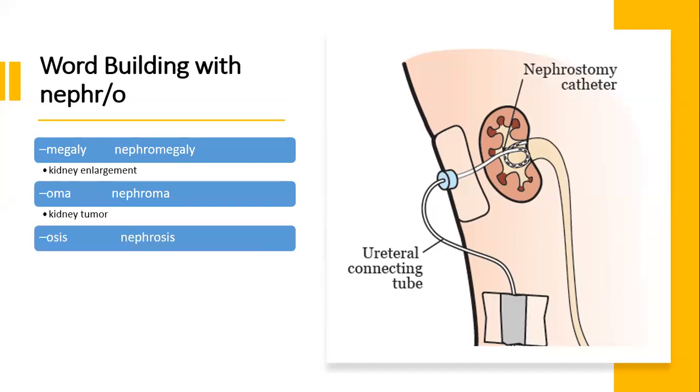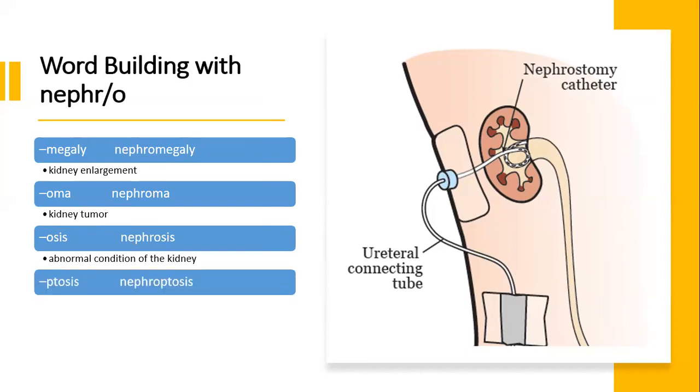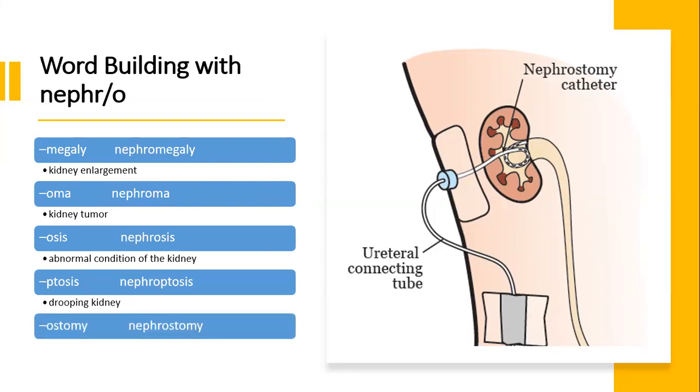Osis, nephrosis, it means abnormal condition of the kidney, with wasting of protein from the body. Ptosis, nephroptosis, it means dropping of the kidney, like pelvic kidney, where the kidney stays in the pelvis. Nephrostomy, like the tube we see in the figure here, a new opening into the kidney through the skin.